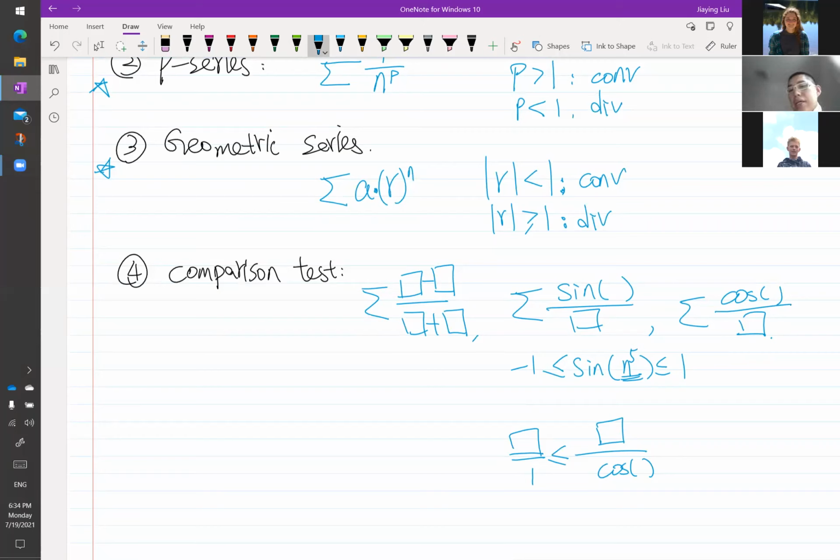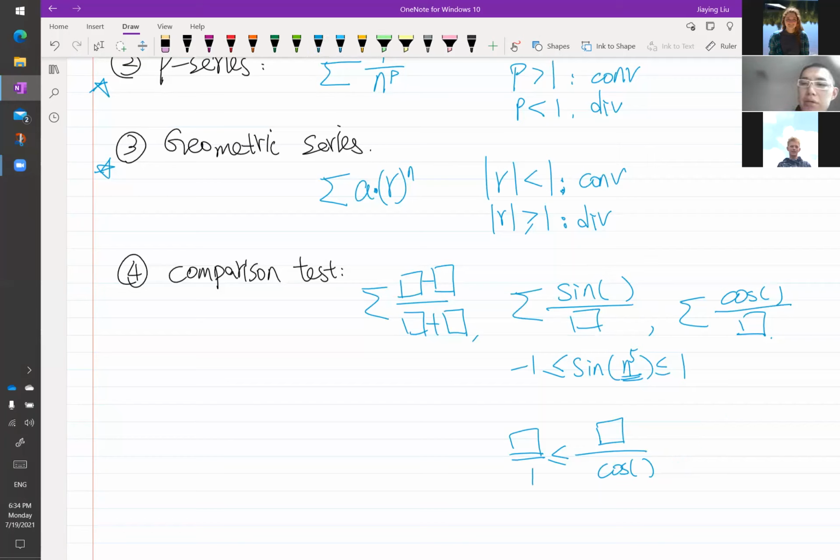But the other side, if you have a negative, you've got to be a little bit careful there because of the -1.